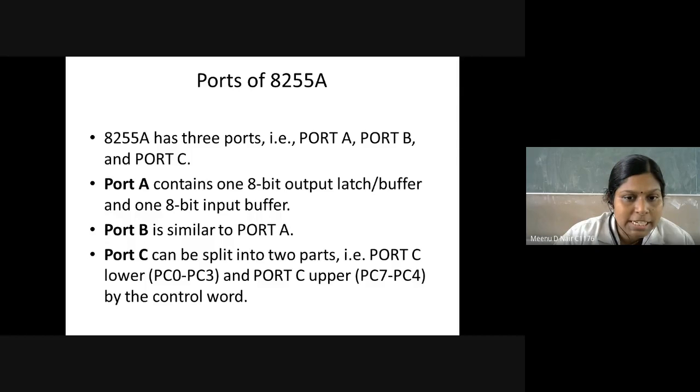So these are 4 bits and these are 4 bits. Port C is divided into 2, each one having 4 bits. So port C is two 4-bit input output ports, but port A and port B are simply 8-bit ports.